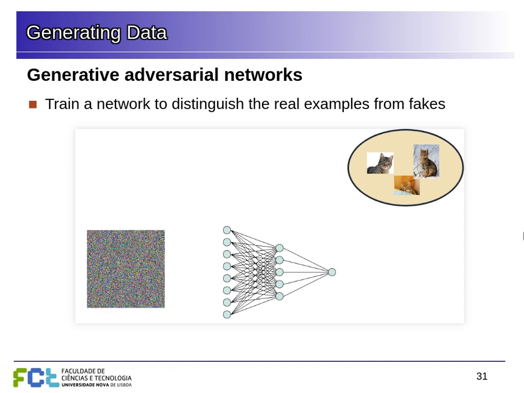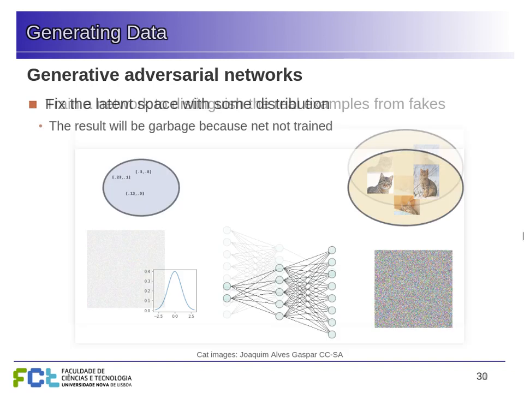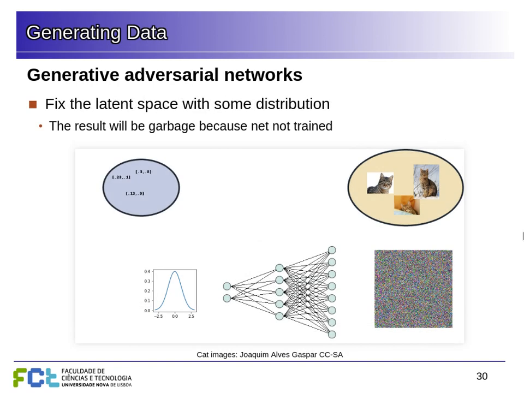So basically this network is learning to separate the space that corresponds to cat images from the space that is everything else, all the garbage. And now we can go back to the first one and use the responses of that net to help this one train. So this one will try to learn how to deceive the other one into thinking that it's receiving the image of a cat.